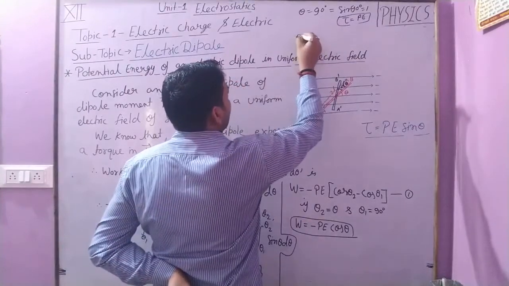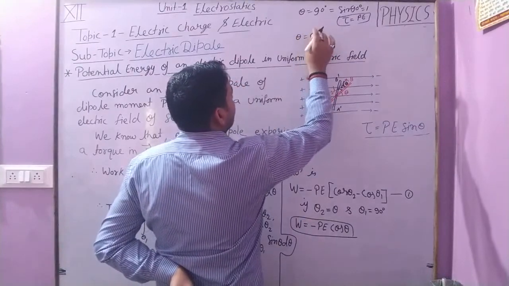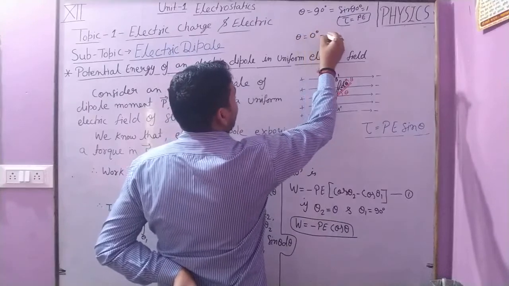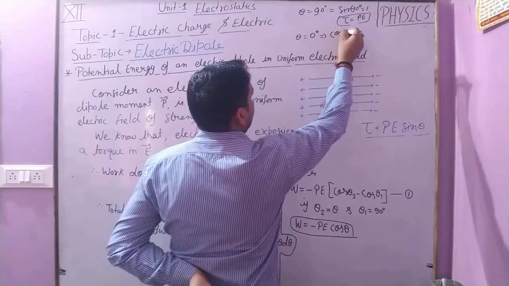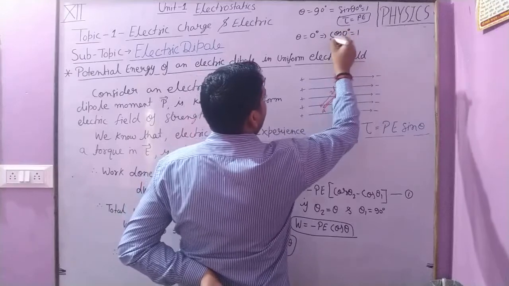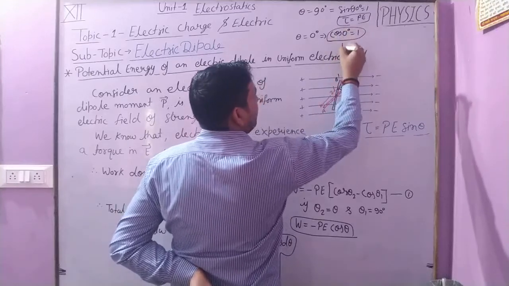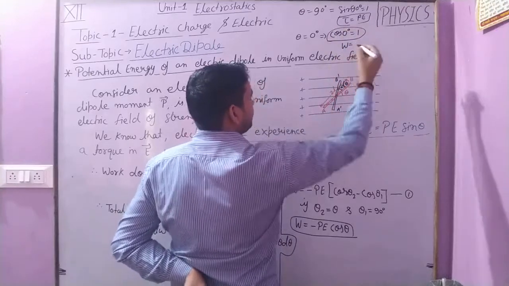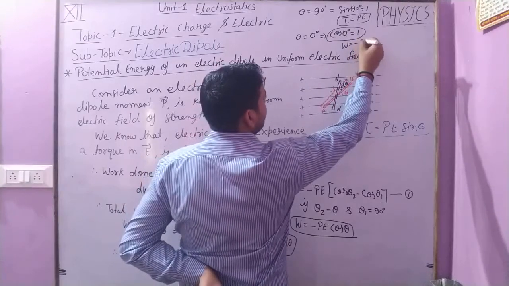And if any quantity is maximum at 0 degrees, which means cos 0 degrees is equal to 1, so the work is minus PE.